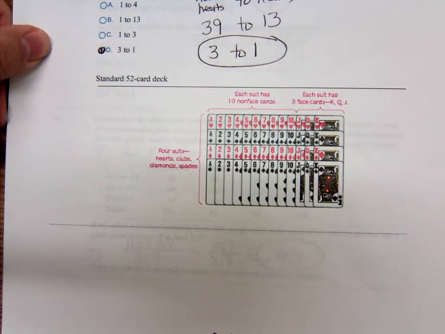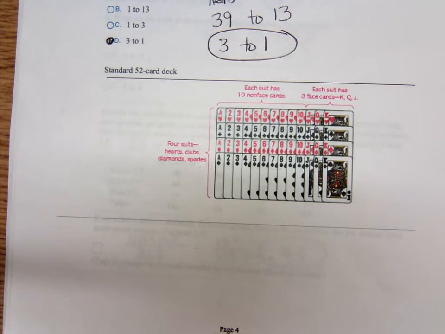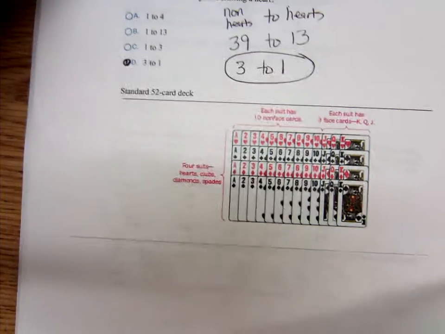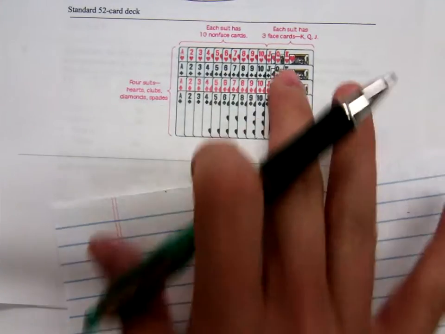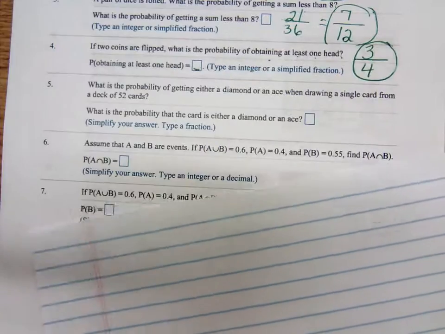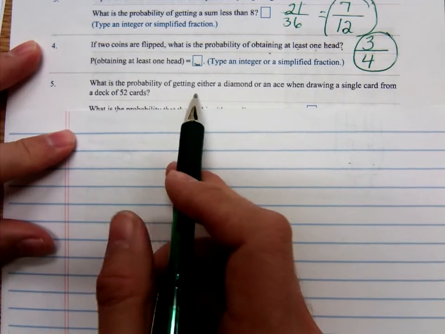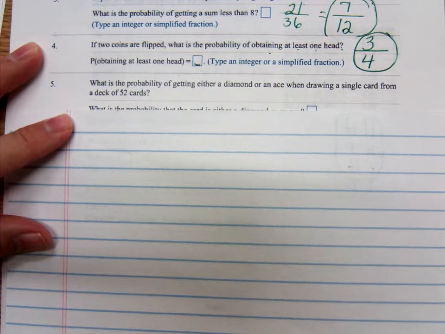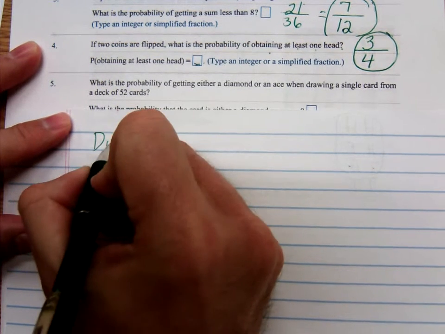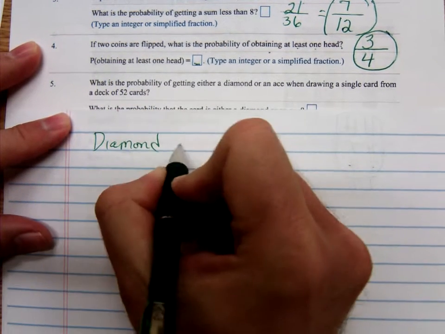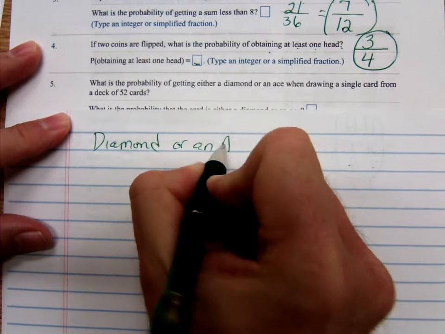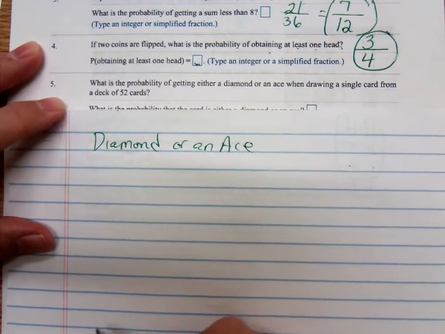I'll refer to this deck of cards right here just so we have something to look at. So number 5 says, what's the probability of getting either a diamond or an ace when drawing a single card?